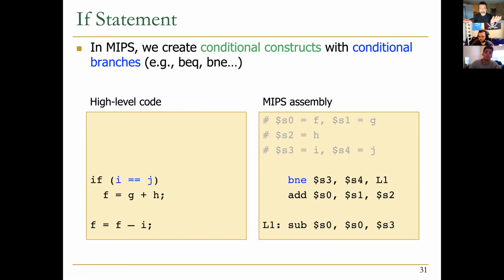Even for five variables, which are not a lot, if you don't do that, you will make mistakes throughout the code. So here we assign f to S0, g to S1, h to S2, and i and j to S3 and S4.